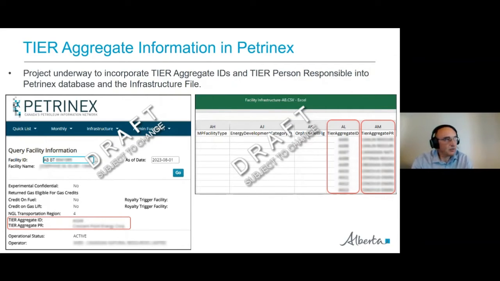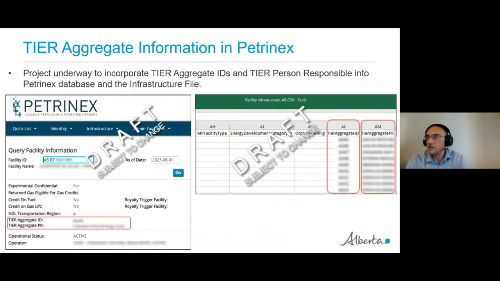And the two objectives are about the individual facility. Number one, is that facility in the tier program at all? And number two is, if it is, who is the person responsible on the tier? And we believe that this will greatly help to accomplish that and be very, very beneficial to the applicants and the operators and everyone else.